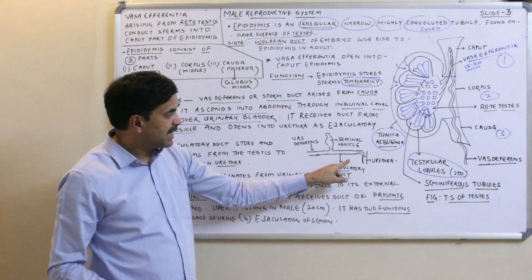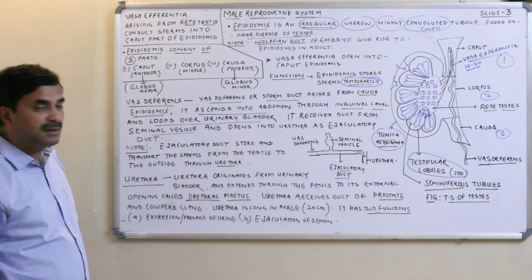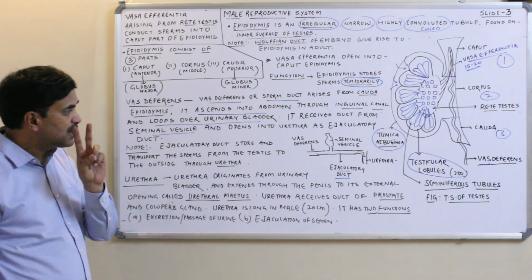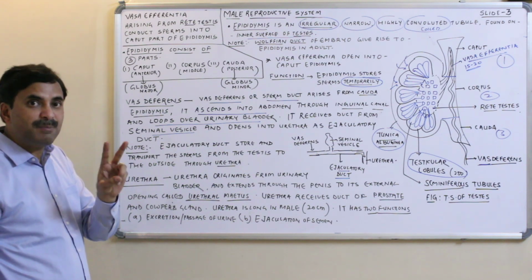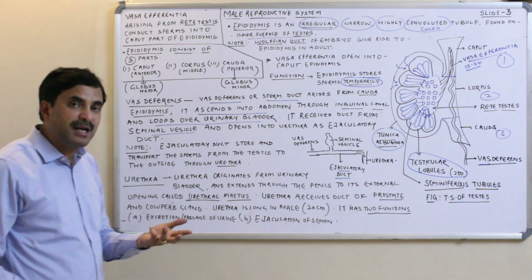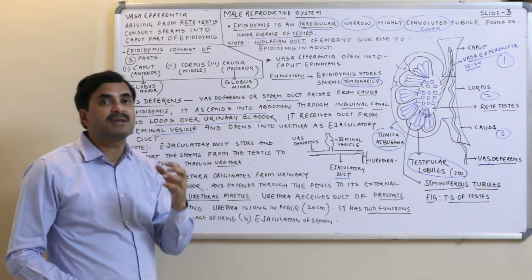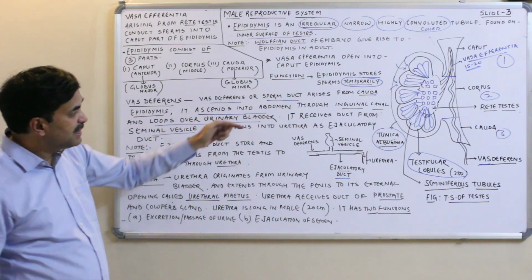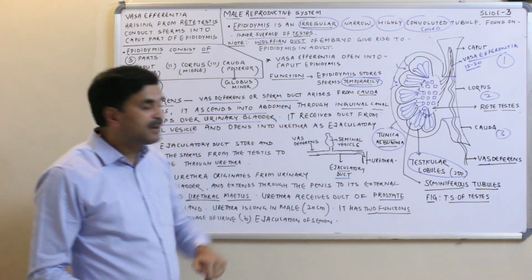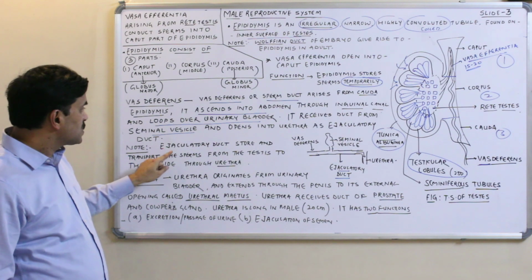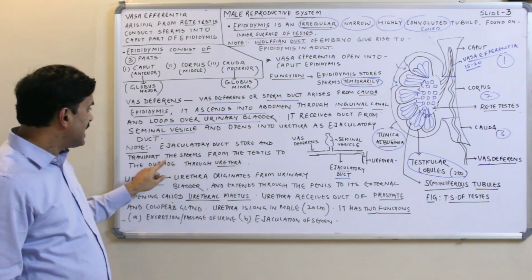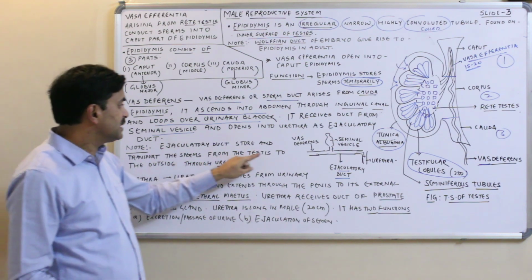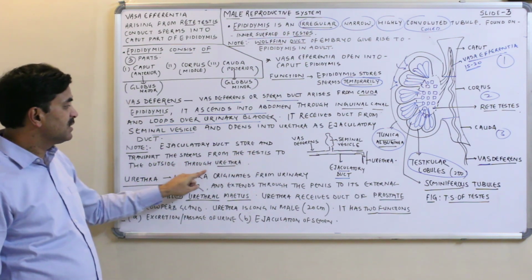Remember, ejaculatory ducts are one pair, and they are called ejaculatory ducts because they will ejaculate the semen into the urethra. Okay, so the ejaculatory duct stores and transports the sperm found in the semen from the testes to the outside through the urethra.